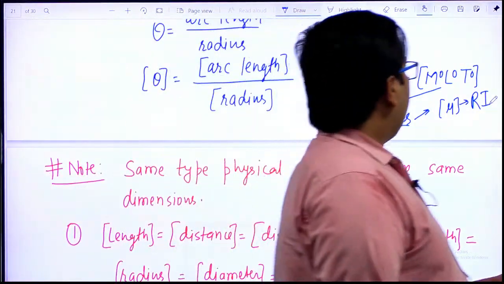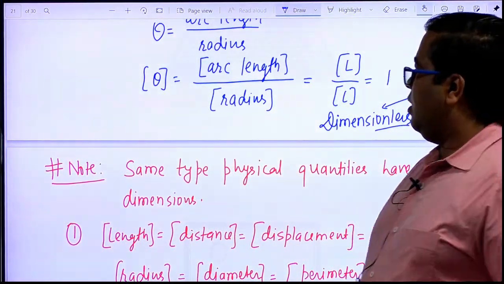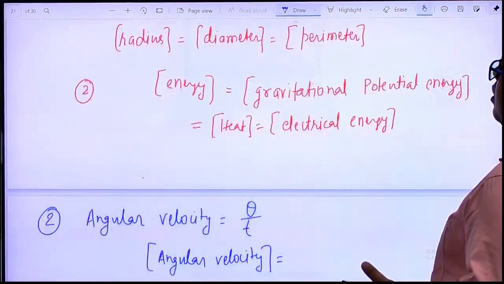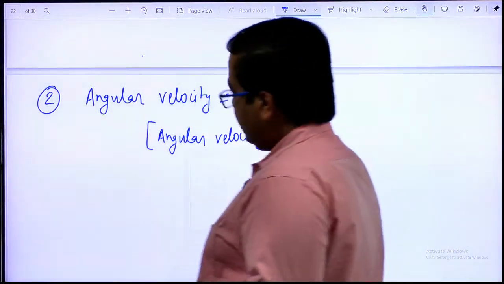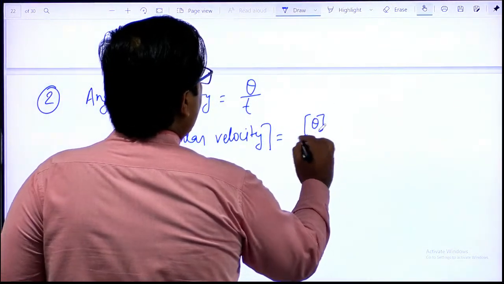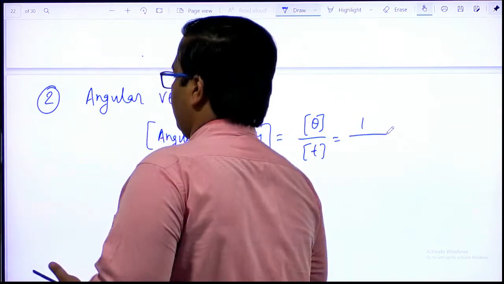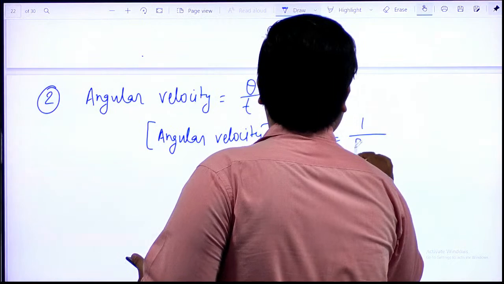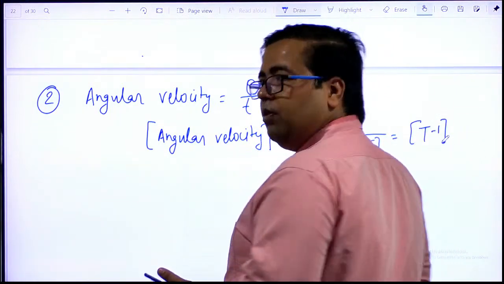And you have seen that physical quantities which are a ratio of some physical quantities are all dimensionless. Just see here, the dimension of theta by the dimension of time: theta is dimensionless with value 1, so this is equal to time, so I can write T to the power minus 1.